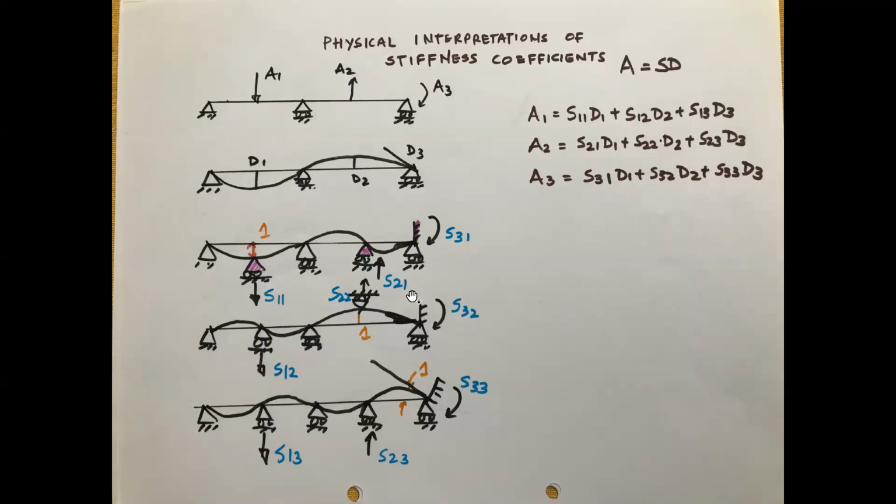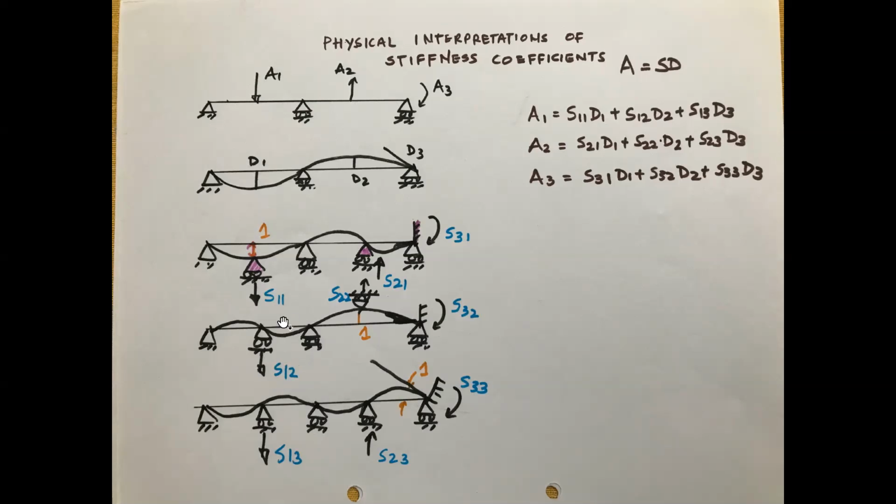S12 will be generated because of unit displacement at 2, as it is calculated at first location, and we have applied unit displacement at second location. So that's why we are calling it S12, and I again introduce the artificial support here, which is an unknown force actually.